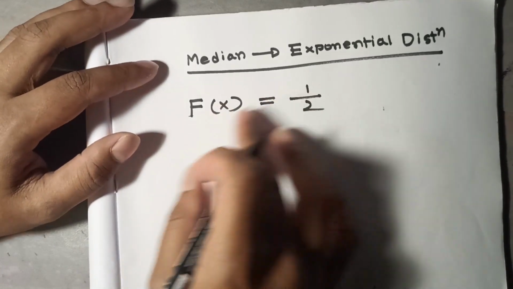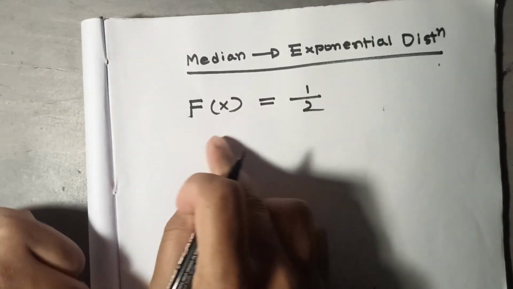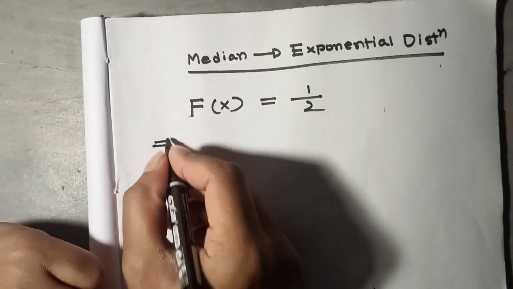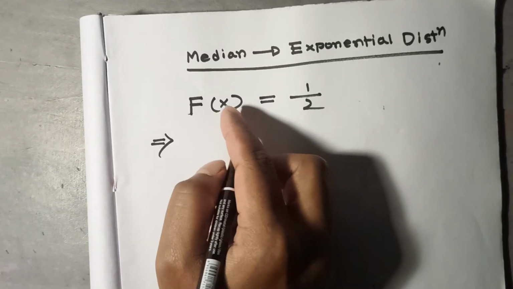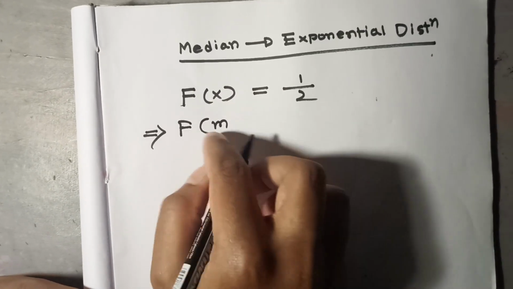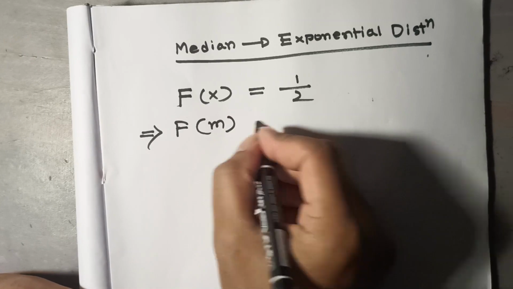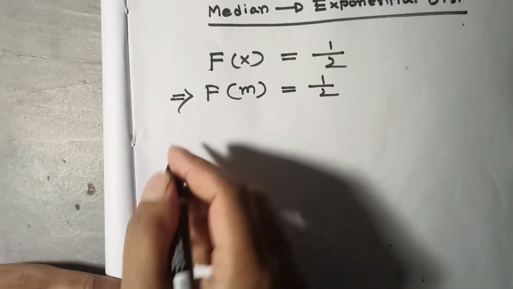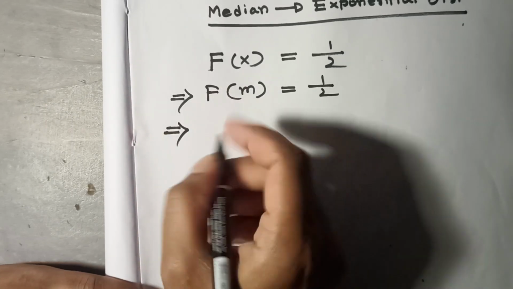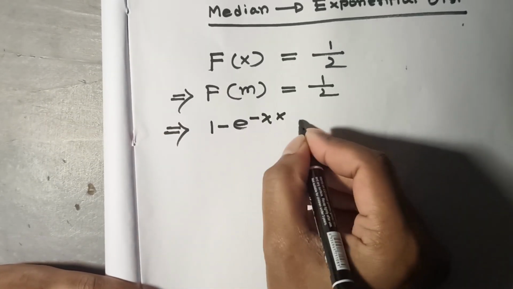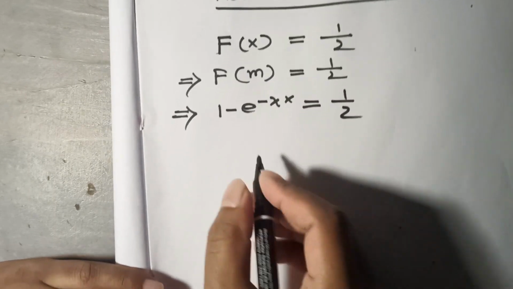So for the exponential distribution, we will find the median today, and we like to use m instead of x. M denotes the median, so F of m is equal to half. Next, we put in the CDF value for the exponential distribution, 1 minus e to the power minus lambda m, which is equal to half.